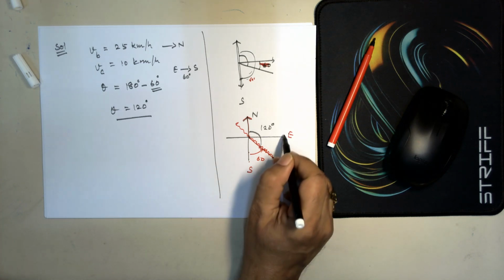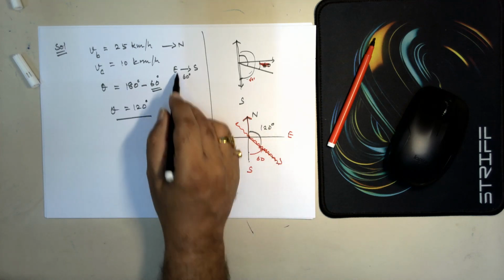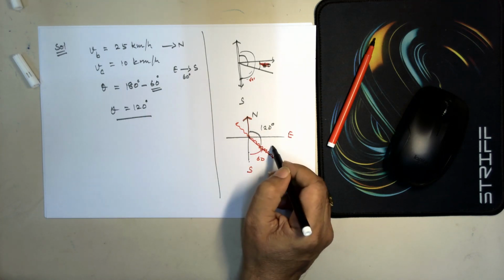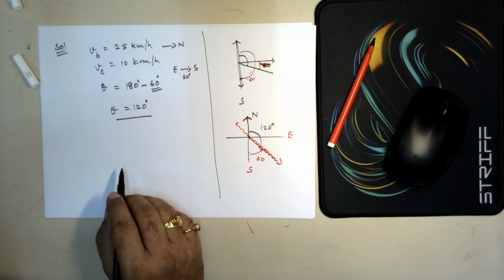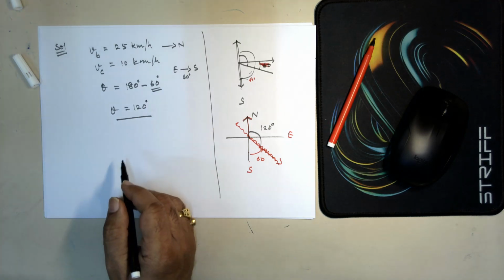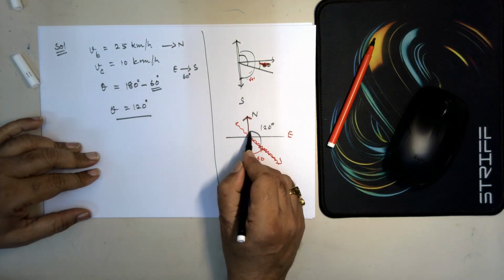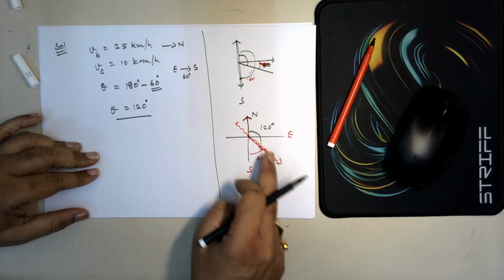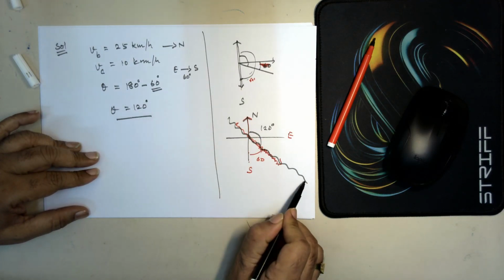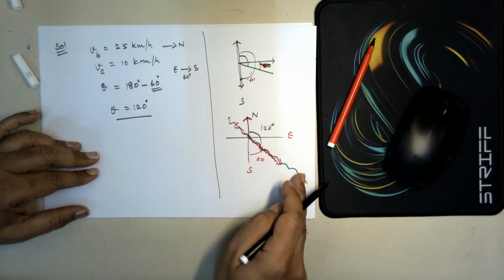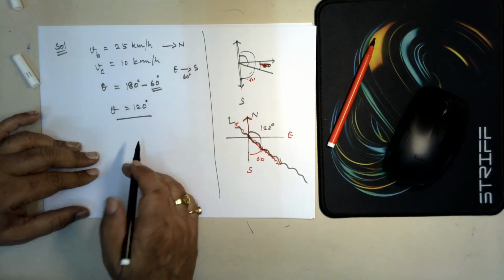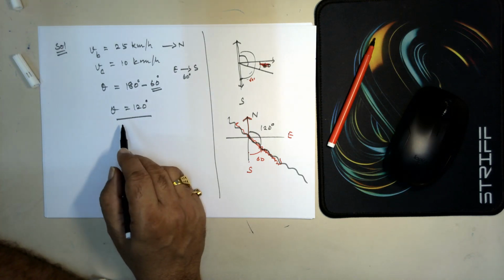So theta should be taken as 120 degree because we need to consider the vector angle between the boat and the water current. This is the direction of the water current. So we have to consider this vector and this vector, so that makes 120 degree.